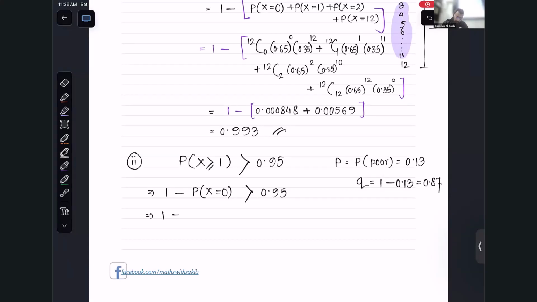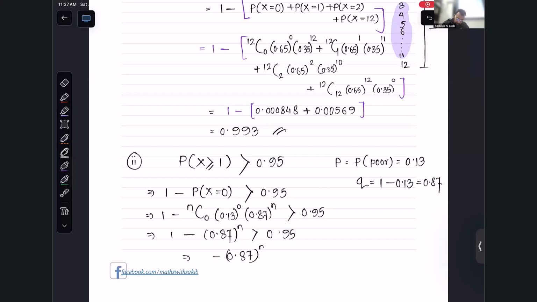So now, out of n, it will be 0. So 0 people will rate the food as poor, and n people will rate the food as not poor. So 1 minus 0.87 to the power n is greater than 0.95. So minus 0.87 to the power n is greater than minus 0.05.